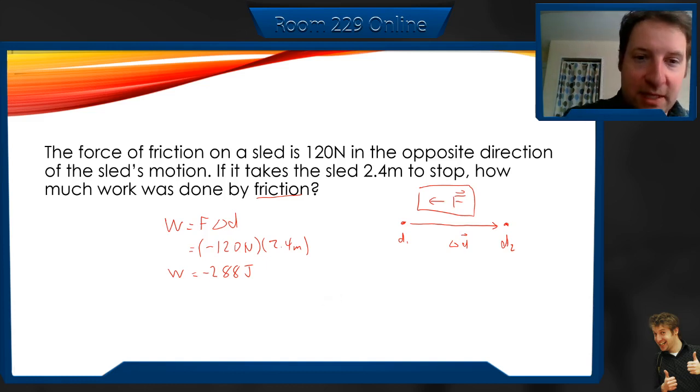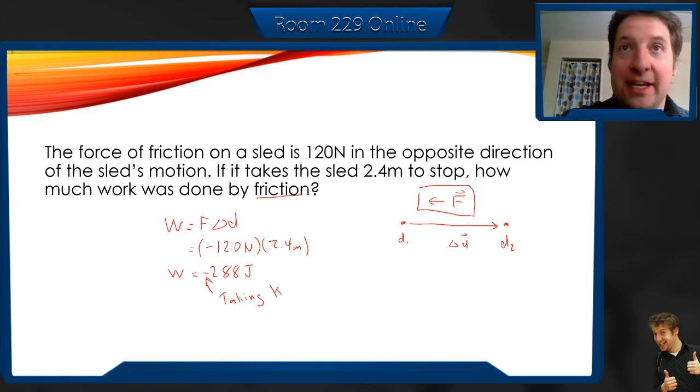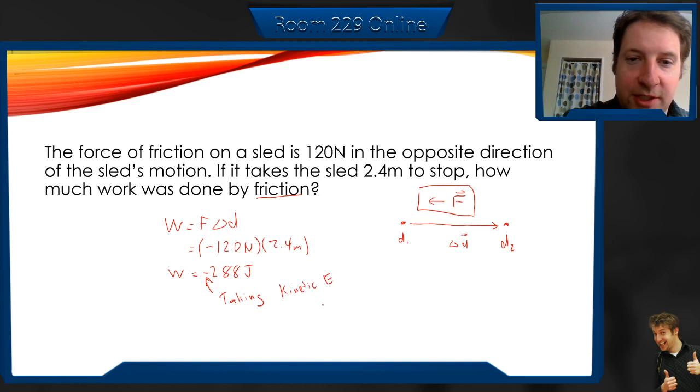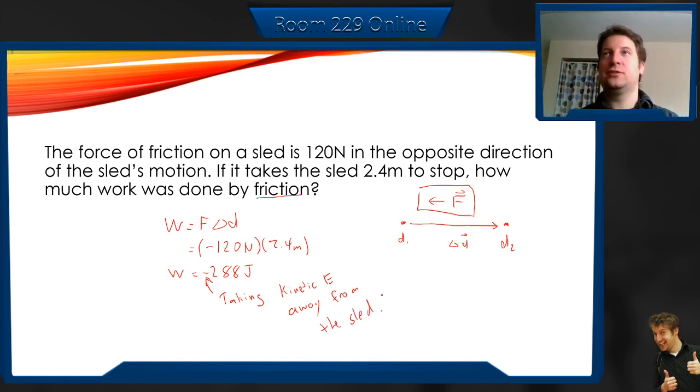That's what this negative means here. So this is taking, in this case we called it kinetic energy, away from the sled. That's what it means when the force is in the opposite direction.